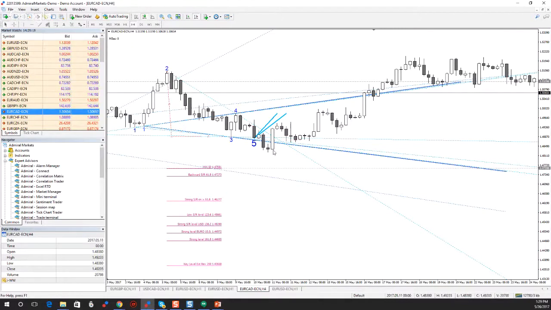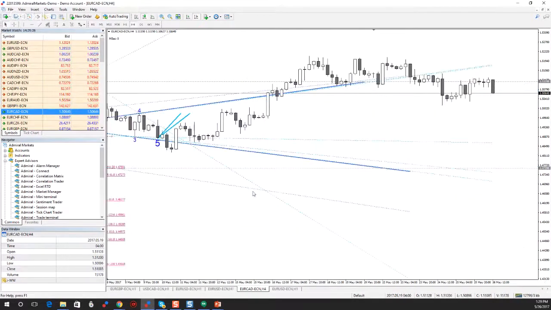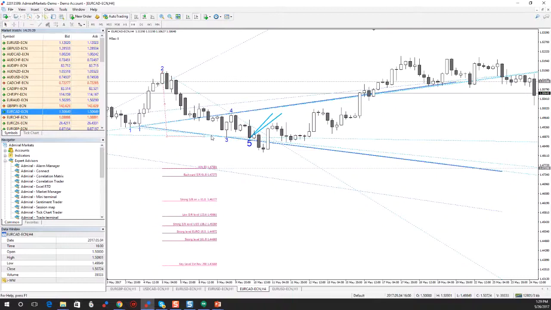So if the price went there, you just press a buy order, put your stop loss below 61.8 extension, or let's say below the previous low, and ride towards 1 to 3 trend line. Once 1 to 3 trend line has been hit, you scale out 50% of your trade, move the stop loss to break even, and wait and ride a free ride towards 1 to 4. So those are 3 types of Wolfe Wave entry.